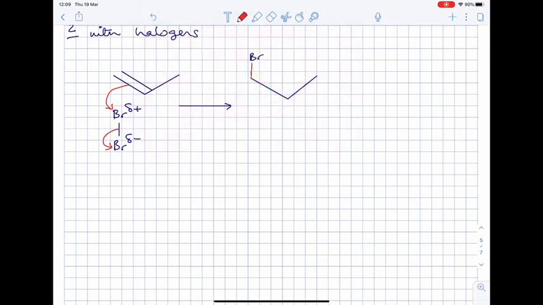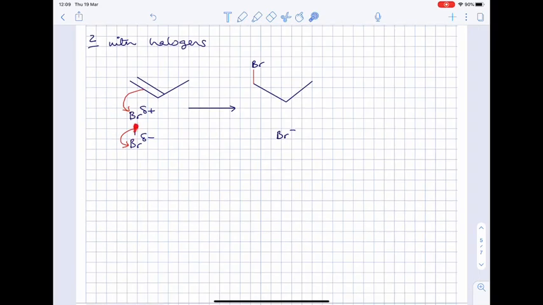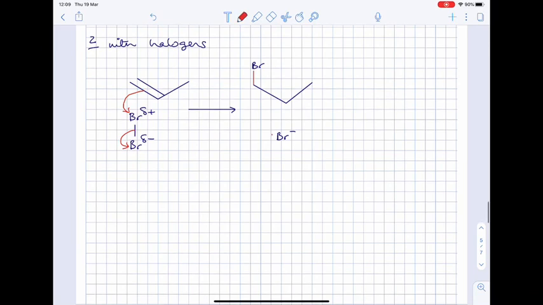There's the bond that was formed by the movement of electrons from the pi bond of the alkene to the bromine, and we have a bromide ion because this pair of electrons has moved and been taken by that bromine atom. It's no longer an atom, it's a full ion. So not a partial negative, it's a full negative. This carbon here has lost the pair of electrons, so it will have a positive charge.